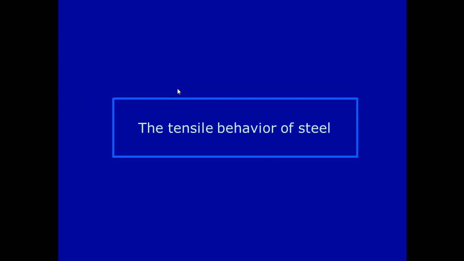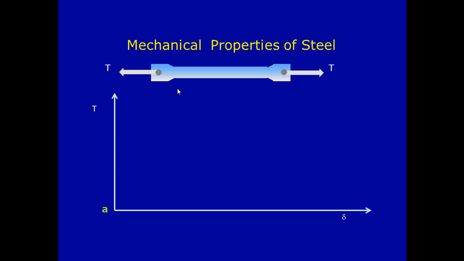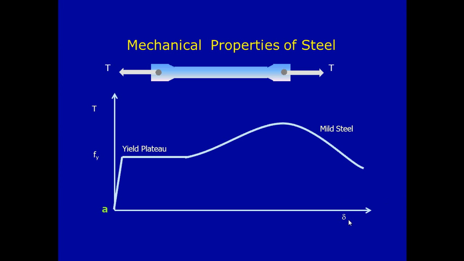Let's first discuss the tensile behavior of steel members. The tensile characteristic of steel is represented here using a graph in which the tensile force is represented on the ordinate and the tensile deformation delta is represented on the abscissa. This is the force deflection curve of a mild steel bar.